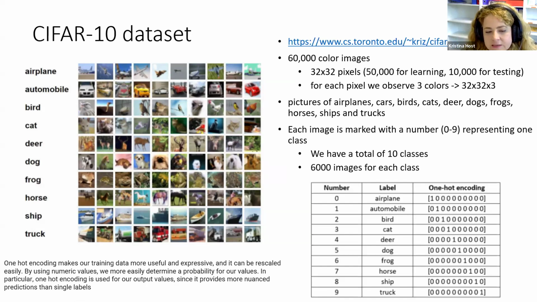We are using it because it's useful and expressive, and we can rescale easily if we have more classes. And why are we using it? Because you can then easily determine a probability for every class. You will see it in the example that we will do.